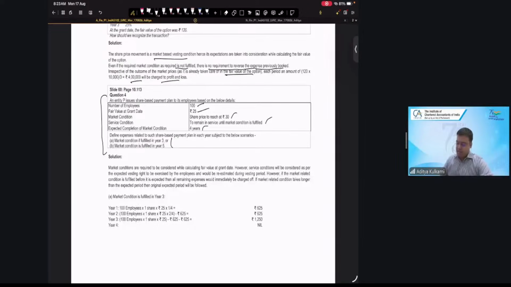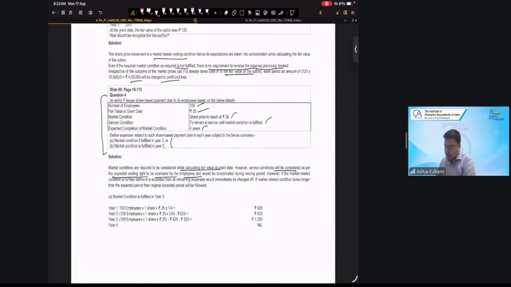So market conditions are required to be considered while calculating the fair value. After that, you need not revisit it, like how you do it for non-market linked conditions. For non-market linked conditions, every year you have to evaluate whether it will be fulfilled or not. However, service conditions will be considered as per the vesting rights to be exercised by the employees and would be re-estimated during the vesting period.